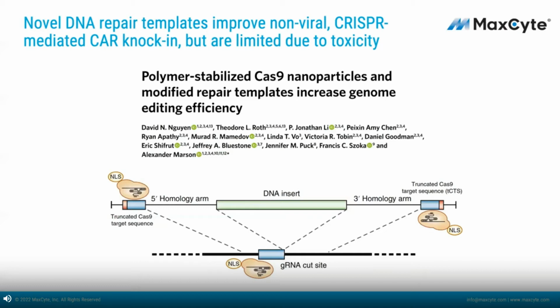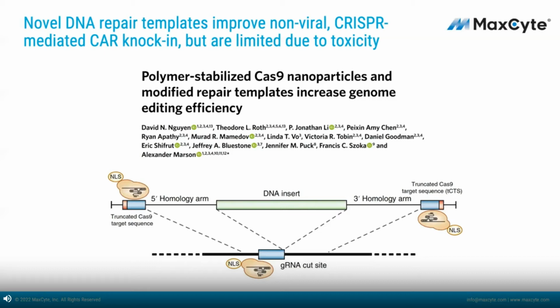And while this was an effective method to increase the CAR knock-in efficiency, it had the downside of being quite toxic to the T cells they were trying to edit. At especially higher concentrations of the TCTS donor template, you saw quite a bit of toxicity due to the presence of this exogenous DNA in the T cells.